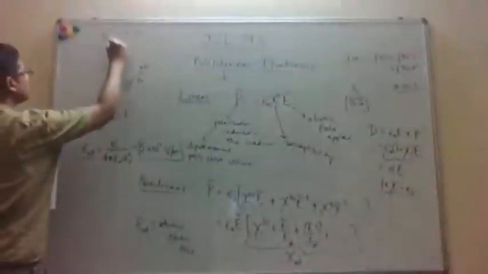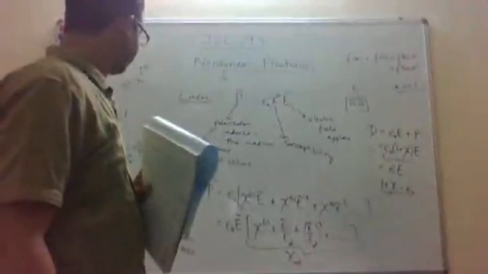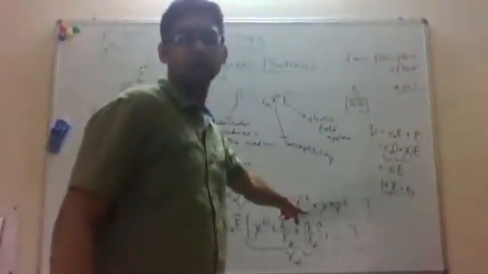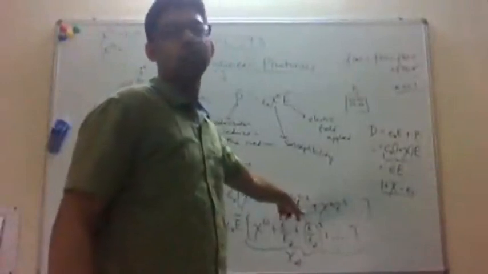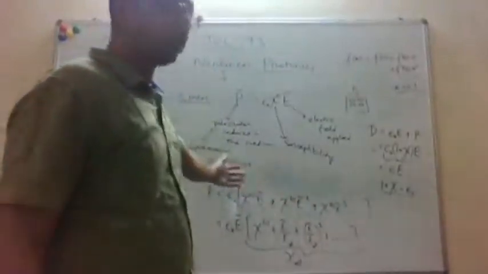Which we can also see from there. The chi2. So what units would chi2 have? From here, can you guess what units chi2 will have? Anybody wants to shout out?